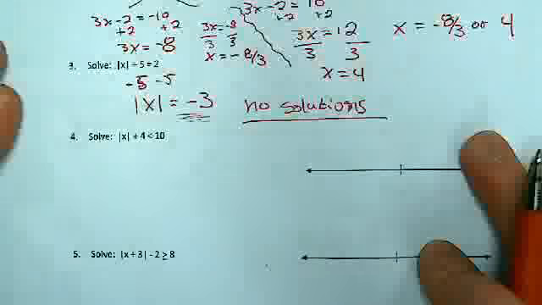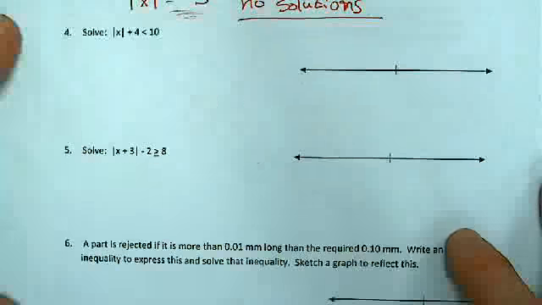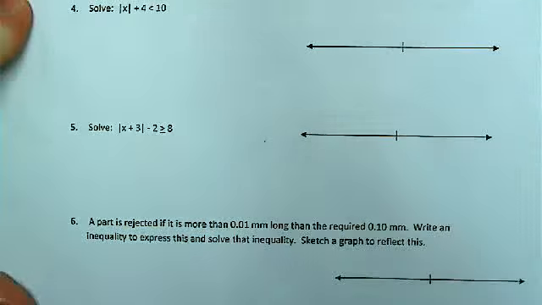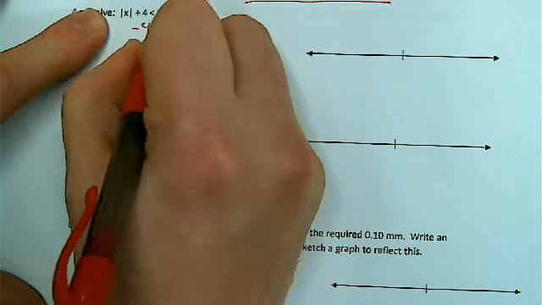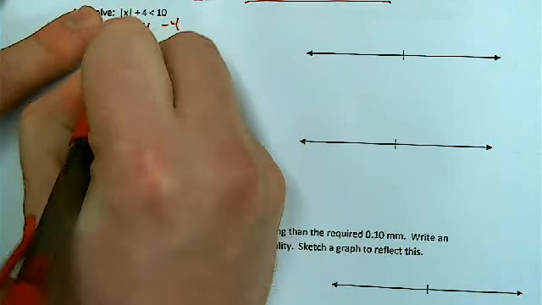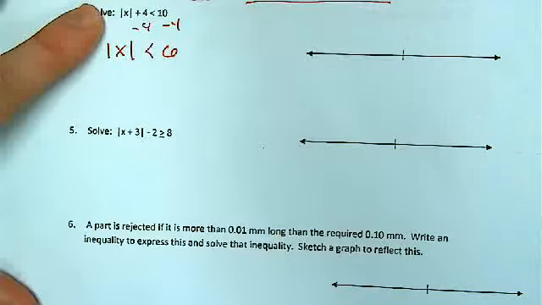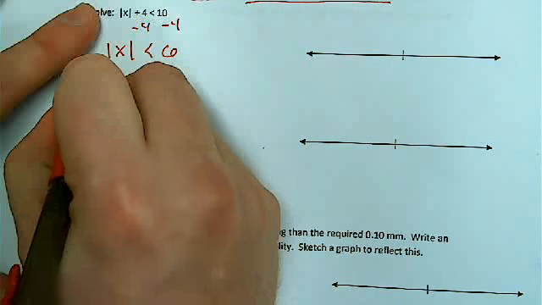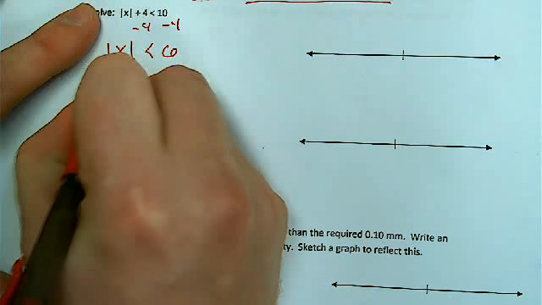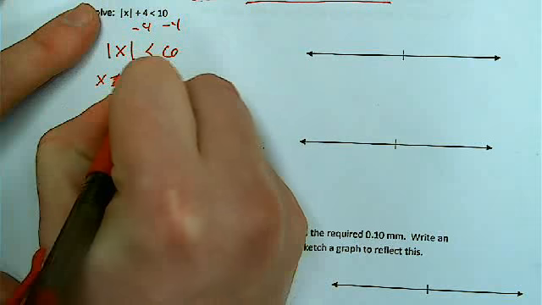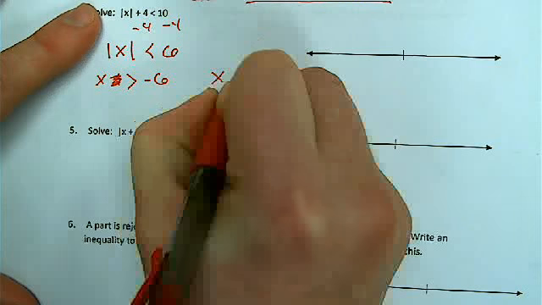Now, with the inequalities, I can subtract 4 from each side of the inequality, leaving me the absolute value of x is less than 6. So I split that into my two cases. Case 1, the negative case, you switch. Positive case, you leave it the same.